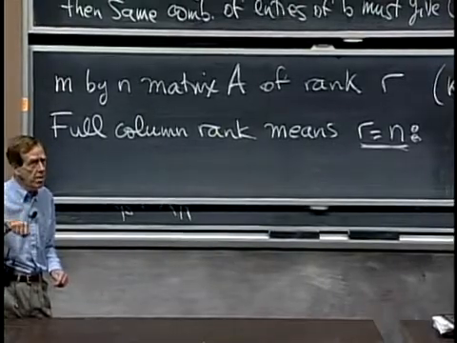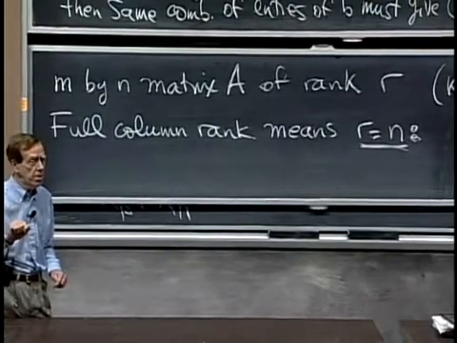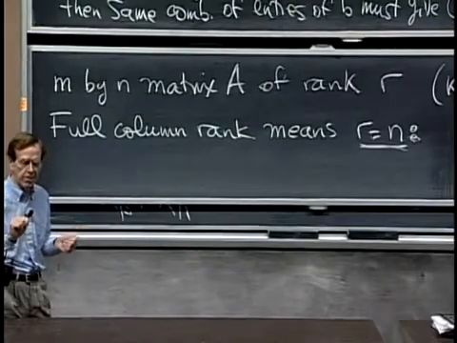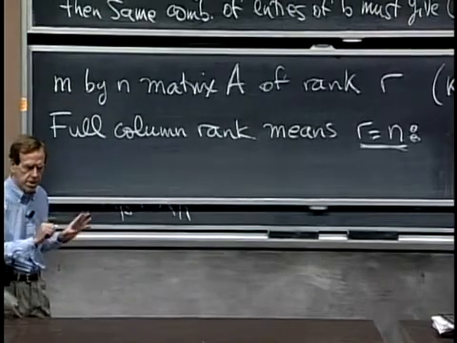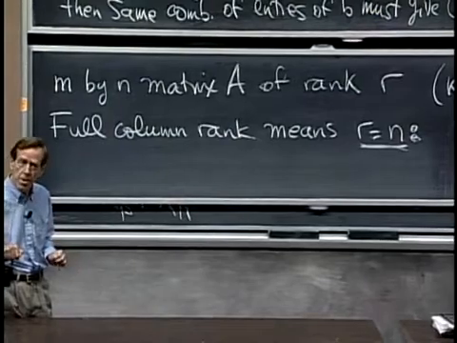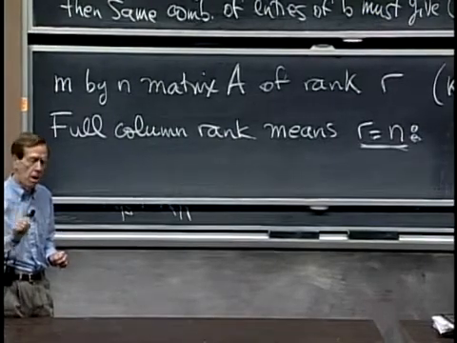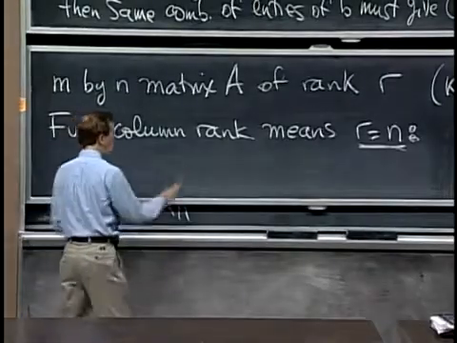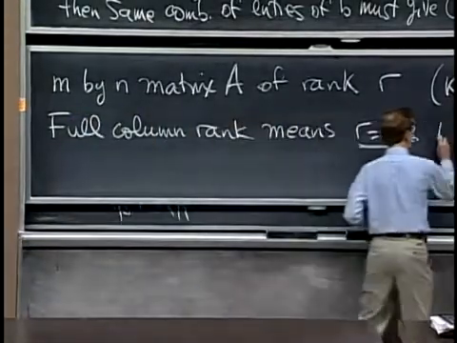So how many pivot variables are there? N. All the columns have pivots in this case. So how many free variables are there? None at all. So no free variables. R equal N, no free variables.